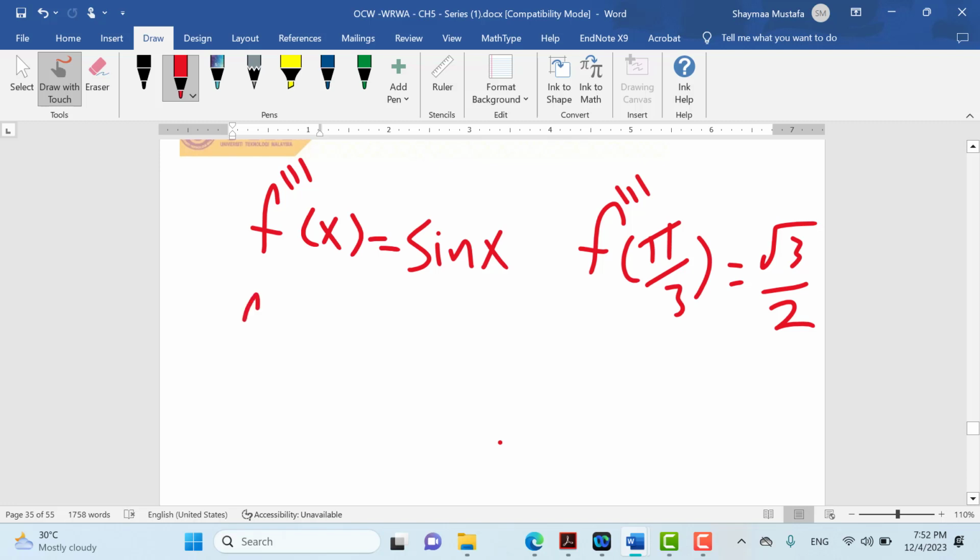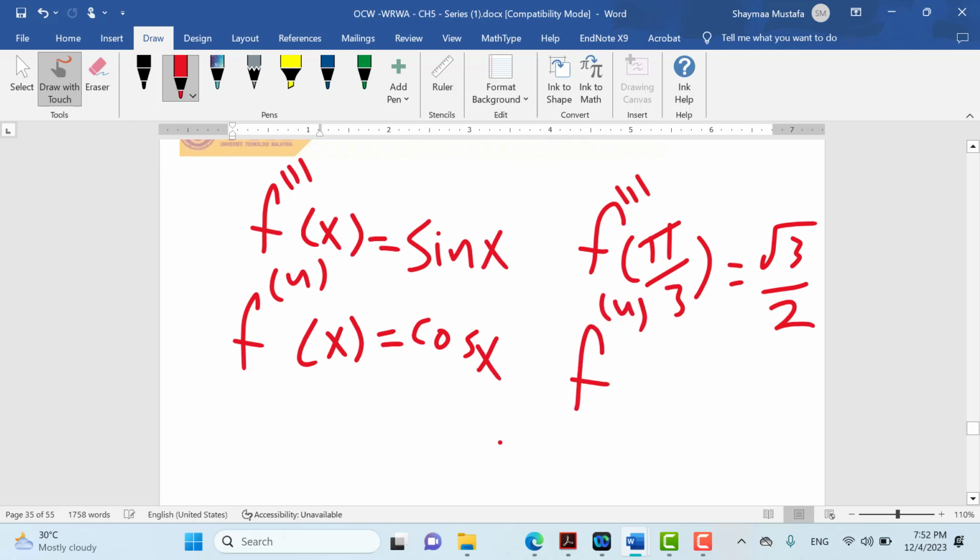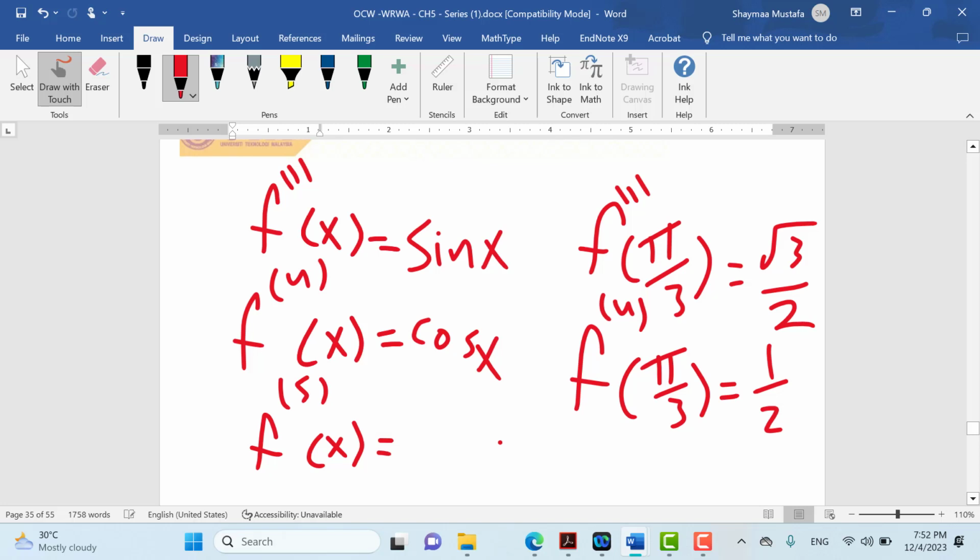And then the fourth derivative for x: the derivative of sine is cos x. Then the fourth derivative at pi over 3 is equal to cos pi over 3, which means 1 over 2. Also the fifth derivative, because we need to find up to the fifth derivative.